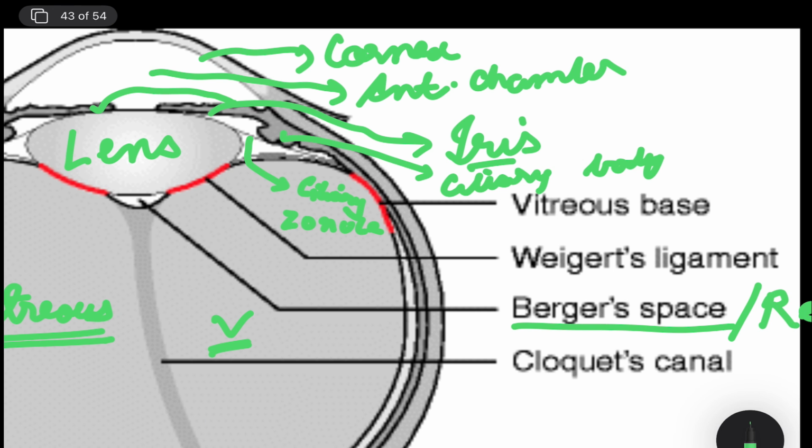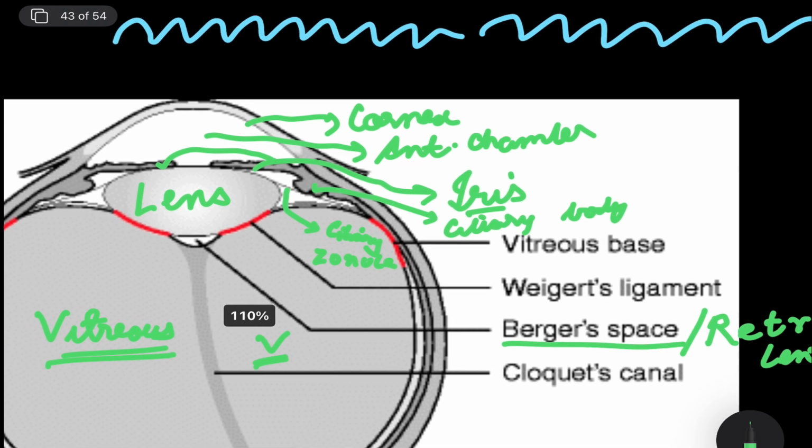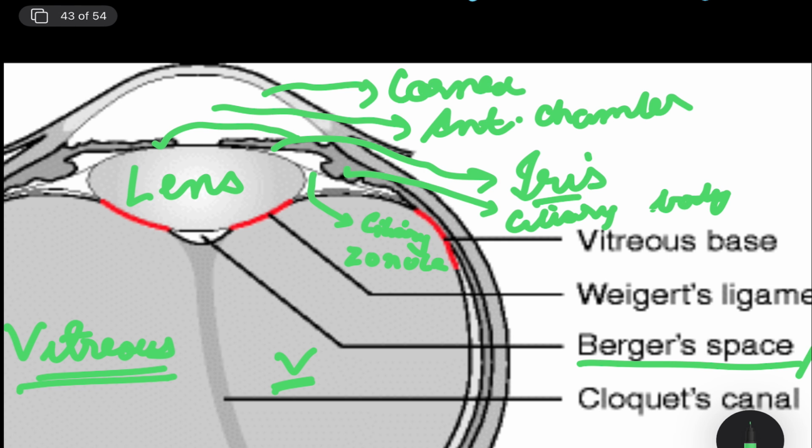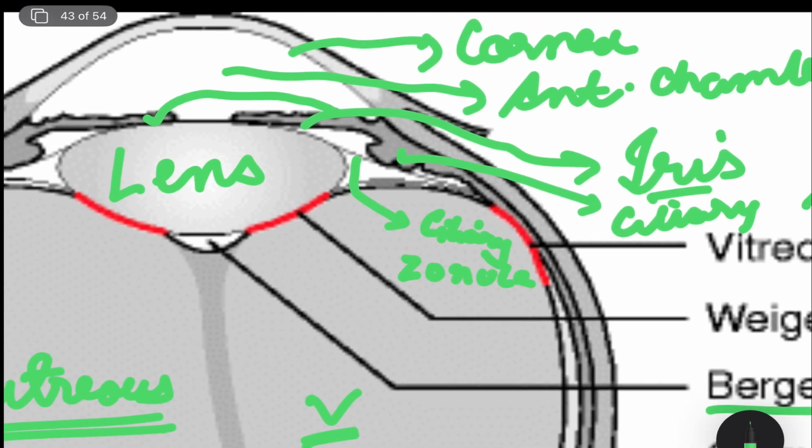Okay. Now, what are these red structures over here? These red structures are the points of attachment between the vitreous and the lens. So the Berger's space was the point where the vitreous and the lens were not attached. That is why there was a space or a cavity in between them. But what about the places where they are attached?